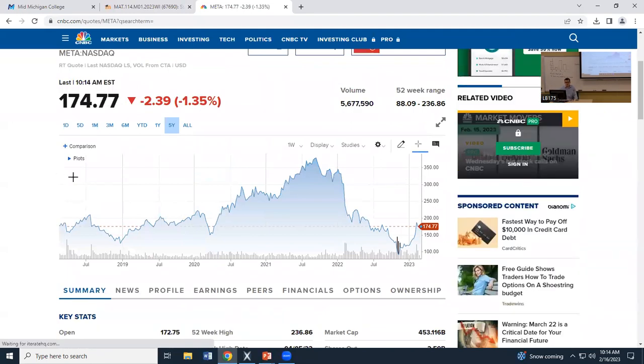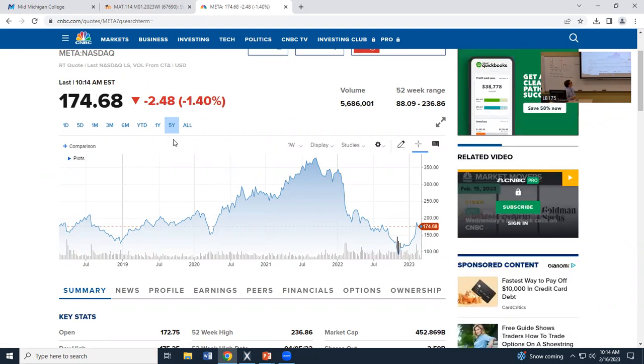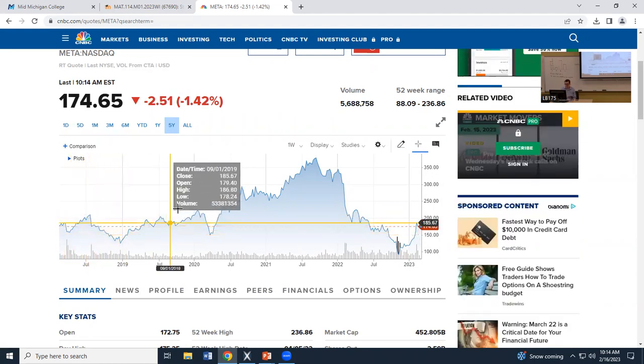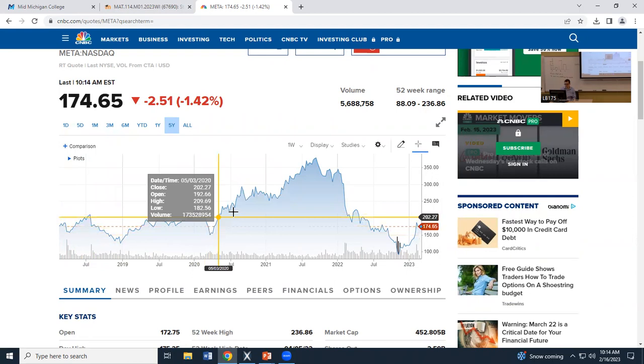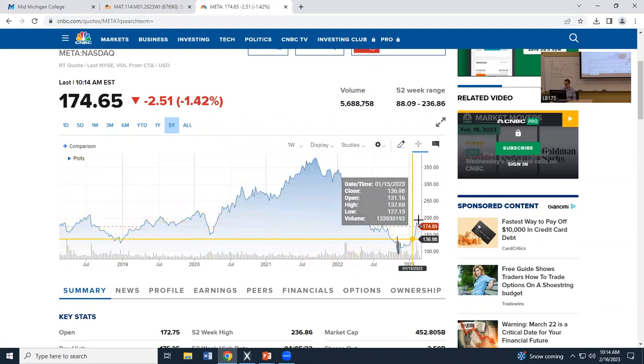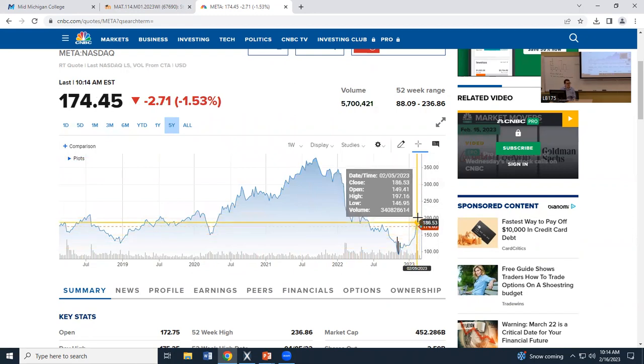Well, if I choose the 5-year version of Meta, like the 5-year financial past of Meta, you can see that it went up, went down, went up, went down, and then it went really up, and then went really back down, right?